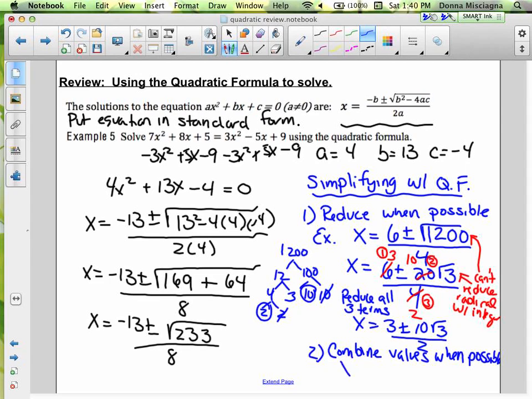All right, so we want to combine values when possible. So for instance, if I have x equals 8 plus or minus 6 divided by 3.